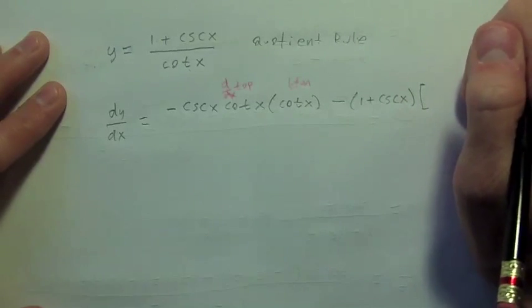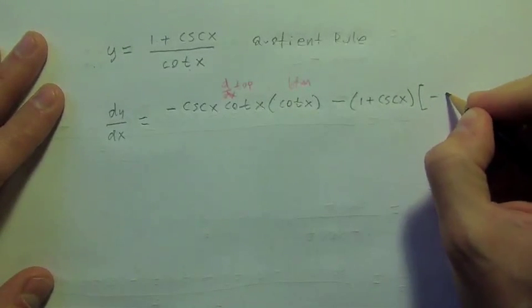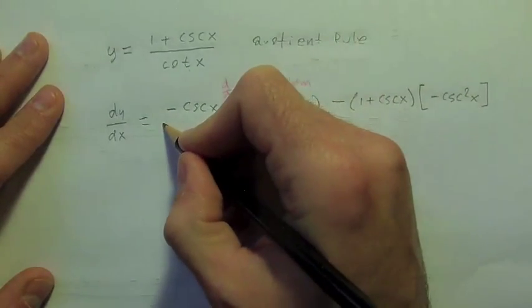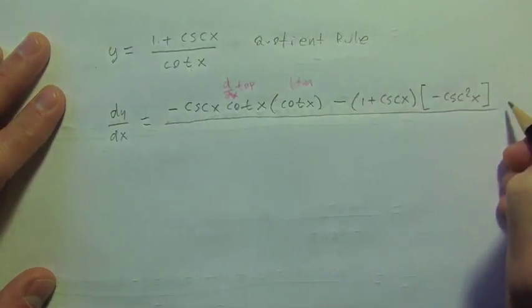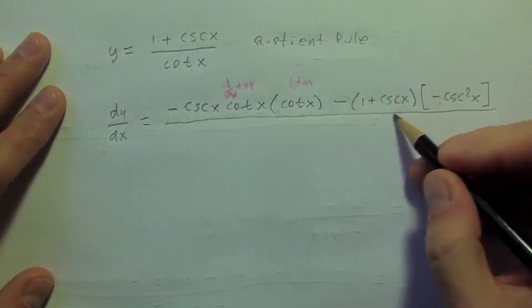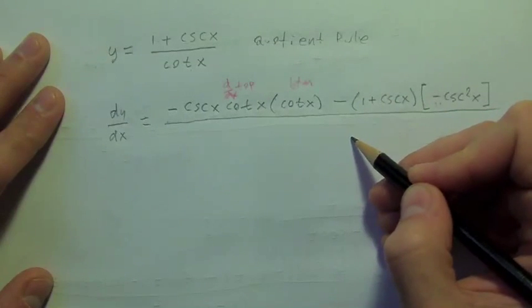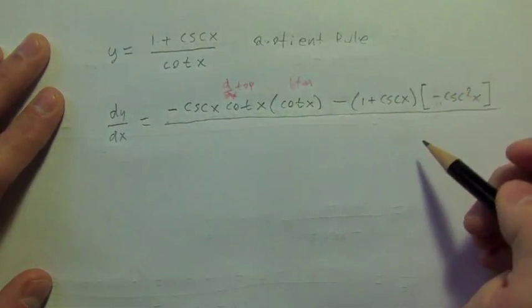And if you put negative cosecant squared, you are absolutely right. Now, what a lot of people do is when they notice that the second piece is going to be negative, they'll go ahead and make that positive.